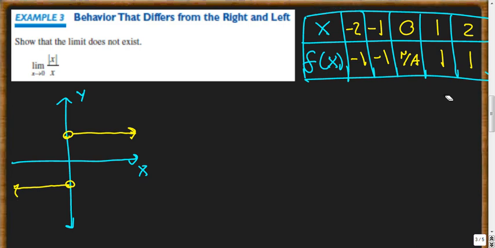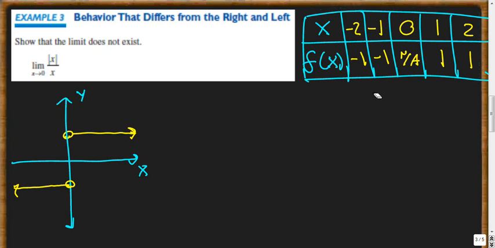You may be asking yourself, this is kind of a weird graph. Well, the limit exists everywhere except for here. The reason is that it's not predictable. If you were coming from the left, you'd think, I should be going towards -1. But if I'm coming from the right, I should be going toward 1.